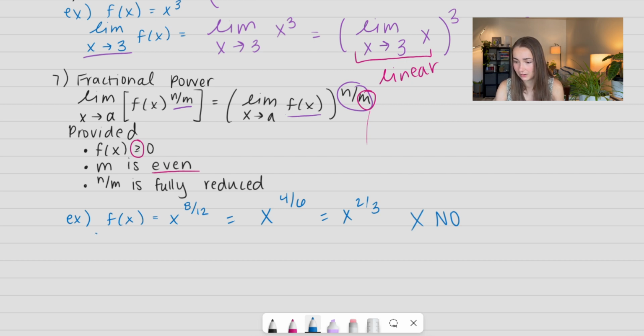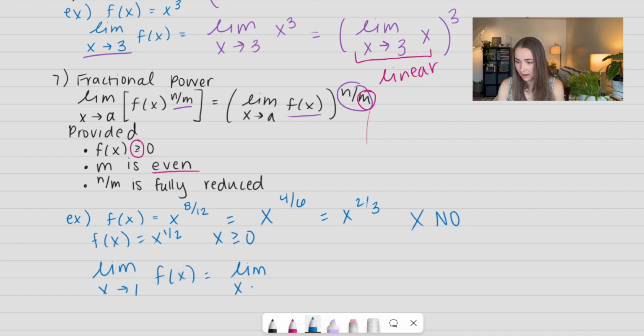Let's go ahead and take another example where we can. I'll just write it out, x to the 1/2. We have that it's fully reduced, we have that the denominator is even, and our function is greater than or equal to 0. So we'll write that out. X is greater than or equal to 0. So let's go ahead and apply our limit. Let's take the limit as x approaches 1 of f of x.